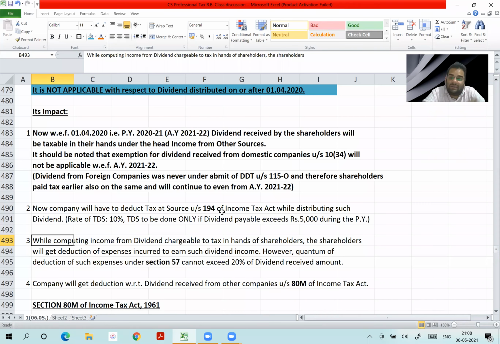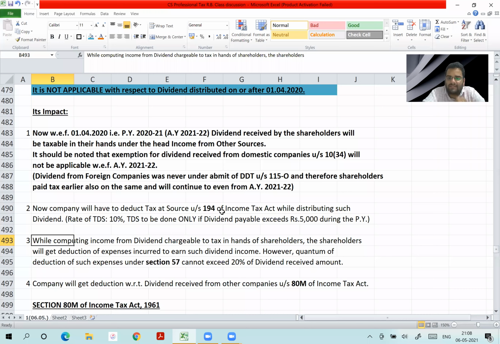And you know that TDS will apply only if the dividend amount exceeds 5,000 rupees. Okay. In short, if I have some shares in ICICI Bank and during the year ICICI Bank is paying me dividend of 2,000 rupees, will they deduct my tax at source?